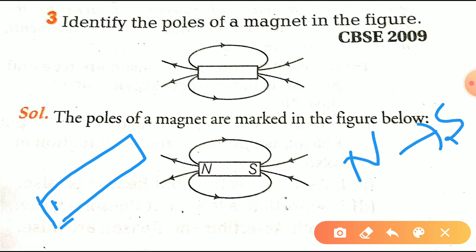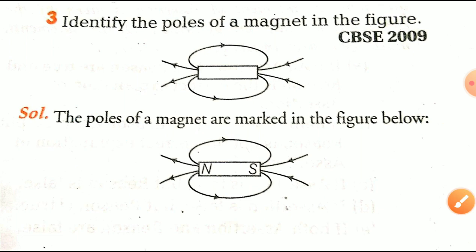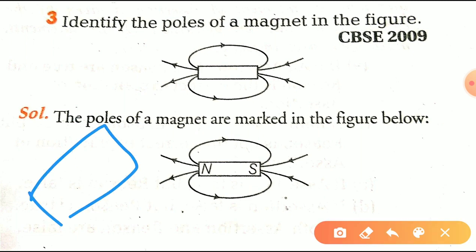Suppose this is north, this is south, so the flow will be in this direction. Anyway, wherever will be the position, it will always be from north to south.